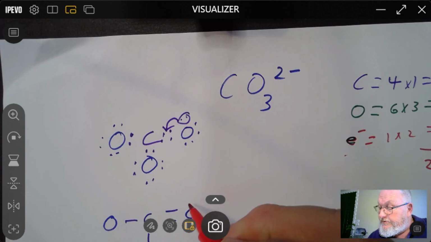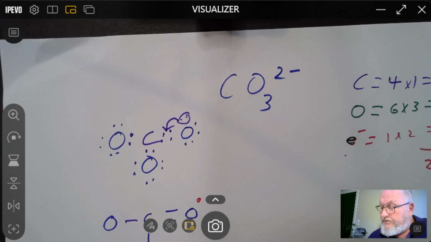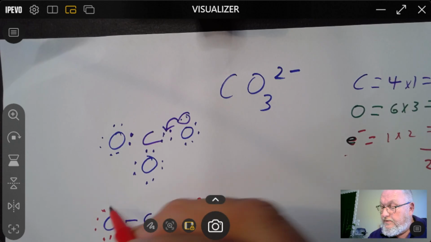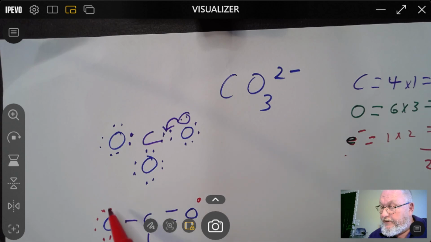Put electrons 2 there, 2 there, 6 around that one, 6 around that one. So let's see, do we have 8 around everything? Let's check. There's 8, there's 8, there's 8, and there's 8. So we've met the octet rule. Of course, this will have resonance. Do we have our 24? We do.